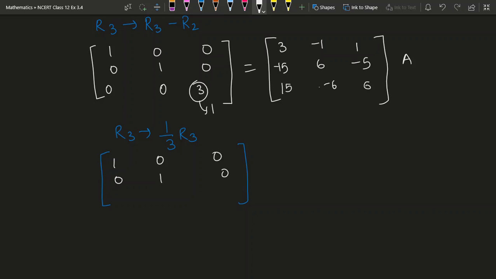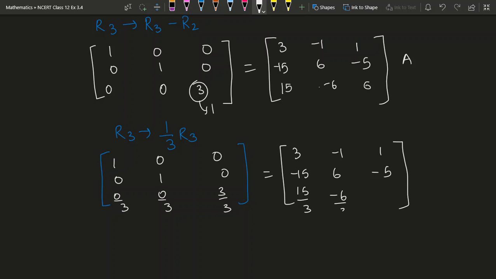So 0 by 3, 0 by 3, and 3 by 3, and on the right you again write the first and the second row untouched, and here you write 15 over 3, negative 6 over 3, and 6 over 3, all times A. And finally you solve this. 0 over 3 gives you 0, 0 over 3 again gives you 0, 3 over 3 gives you 1, and yay, we have the identity matrix here of order 3 by 3.